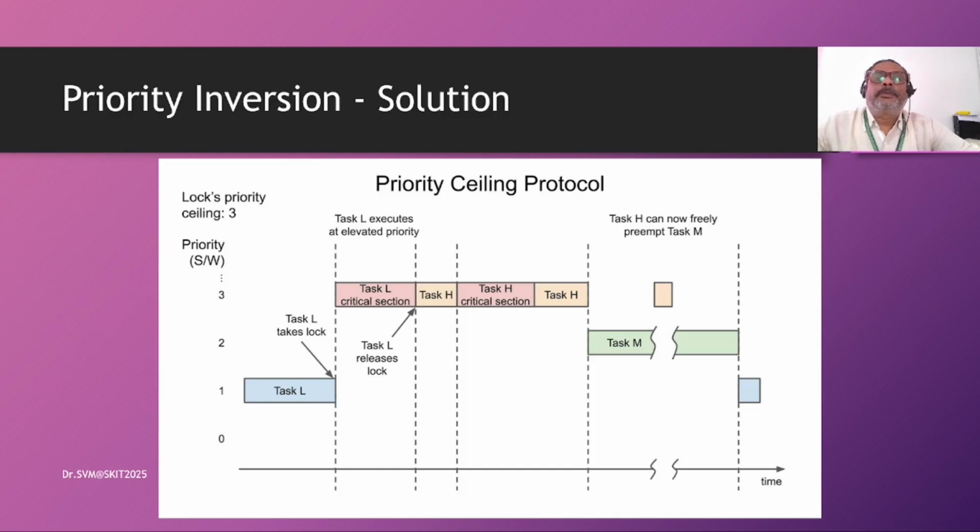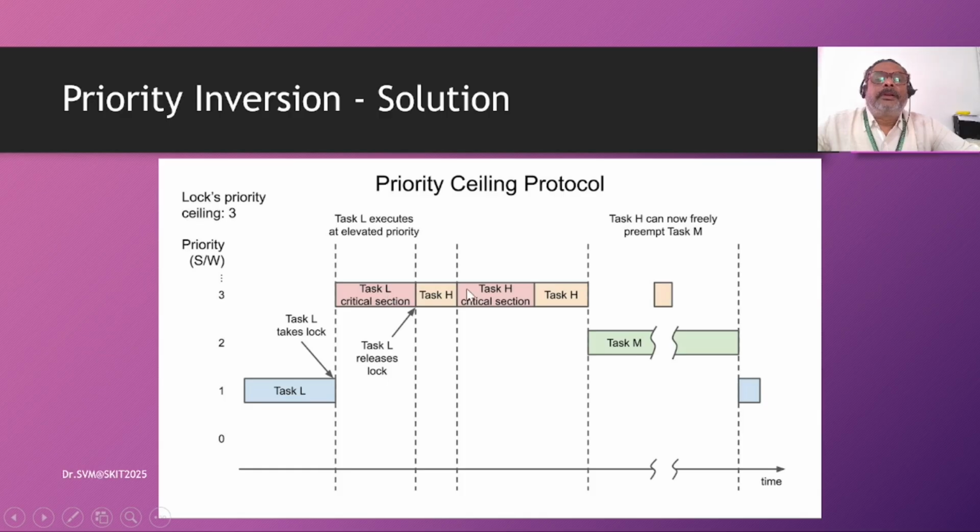Therefore the new process which comes in has the same priority, and hence doesn't allow for preemption, so this low priority critical section will work intact and will not be disturbed, because it is run at an elevated level, the highest possible priority level at a given time.